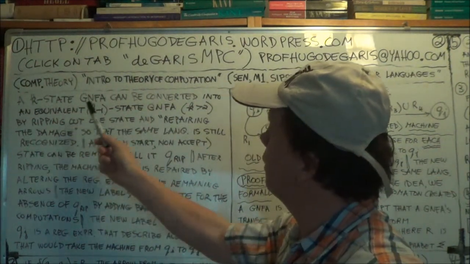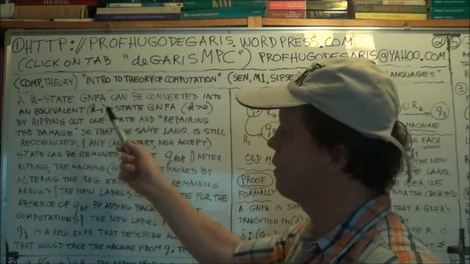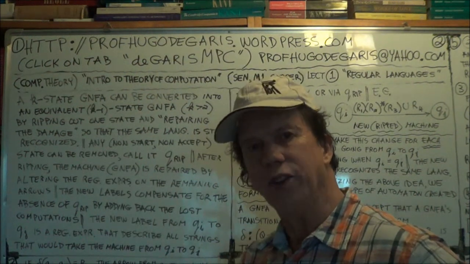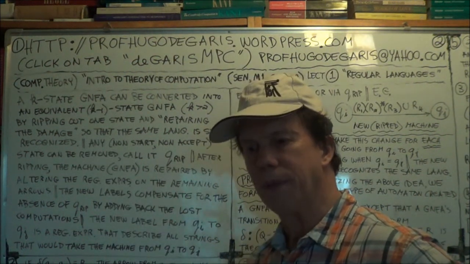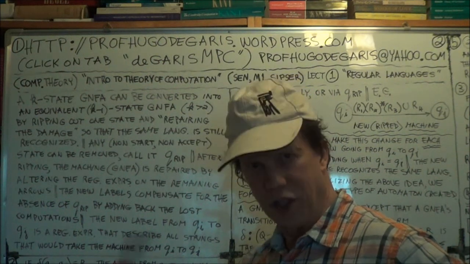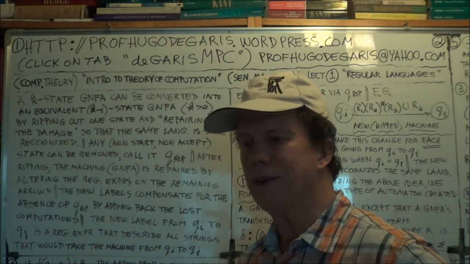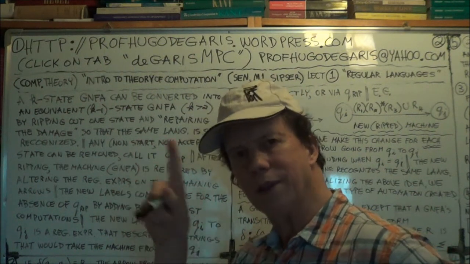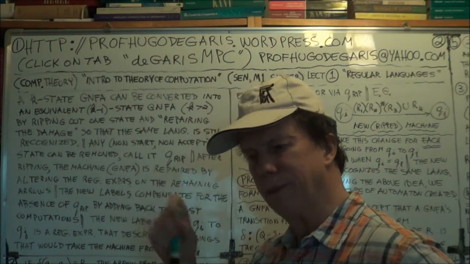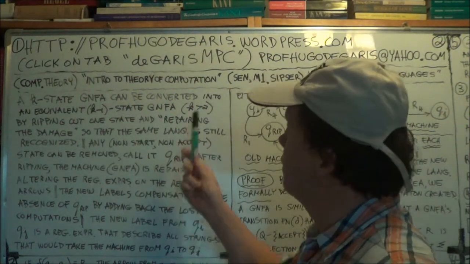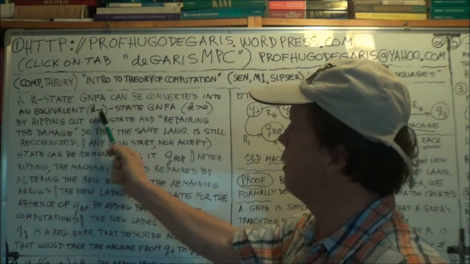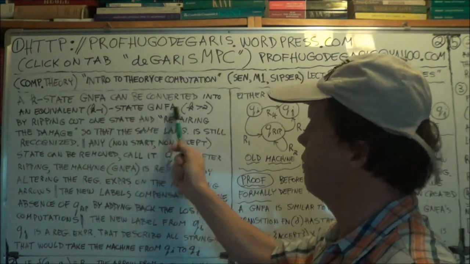Right? Now, by ripping out one of the states, that state that you pull out cannot be the start state that you just added, or the accept state that you just added. But it can be any one of the others. Doesn't matter which one. So you pull it out. Then your k state GNFA will now become a k minus 1 state GNFA.